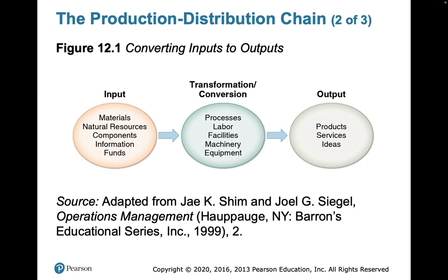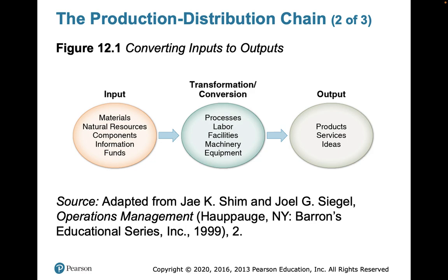Then the output is the product, the finished goods. It could be a product, it could be a service, either, it's just the finished process. So converting input to output, we could say this is what production is all about. It's a three-phase process, and each phase has its requirements, and each requirement depends on the type of business you're doing and how you are doing it, because there are many options which you have to look into and pick the one that best suits your business.